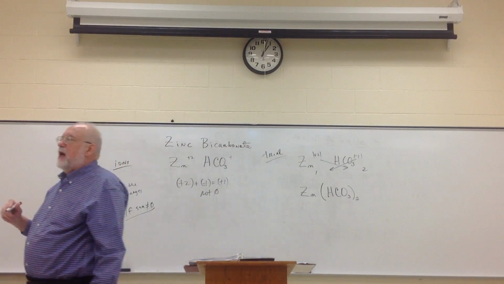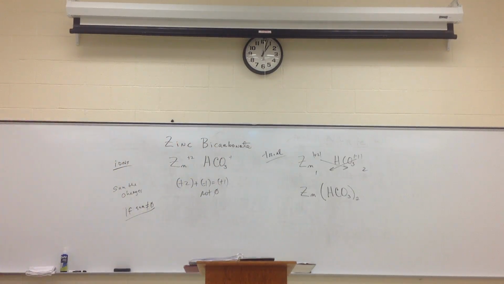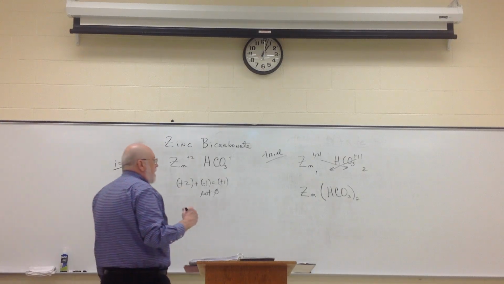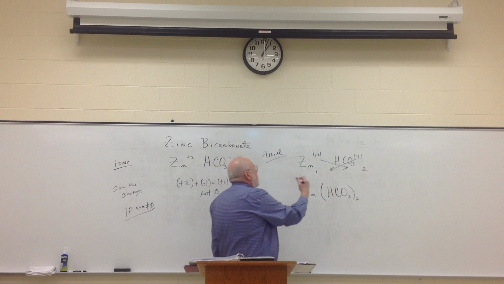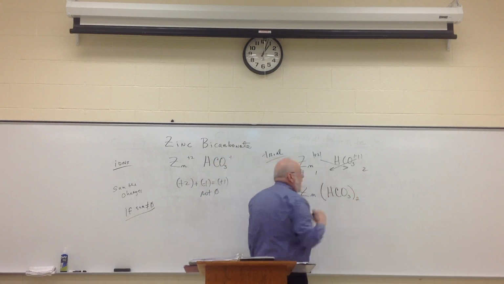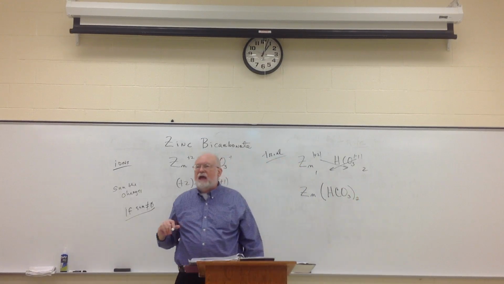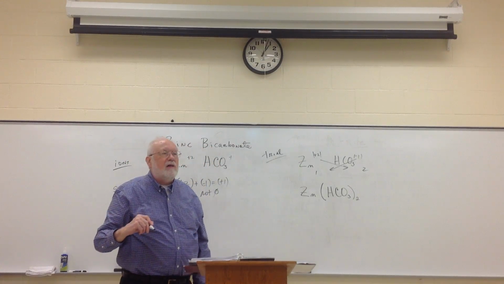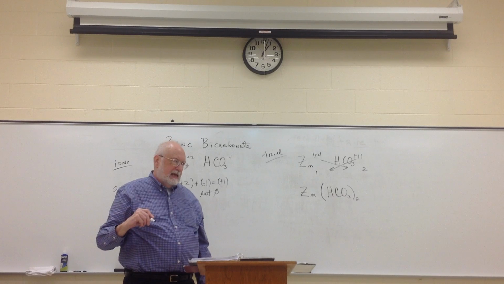Anytime you have to apply a subscript other than a 1 to a polyatomic ion, it doesn't matter whether it's a polyatomic cation or a polyatomic anion, you write parentheses around the polyatomic ion formula and apply the subscript following the parentheses.